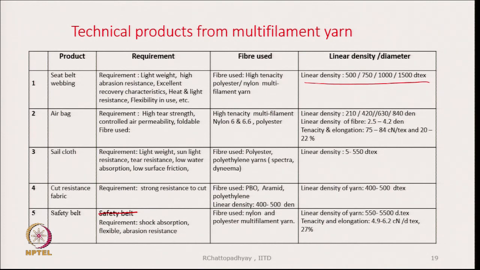So, what we see here is that there are certain products where monofilaments are useful, there are certain products where multifilaments are useful, and there are certain products where we have to go for staple fiber yarn.